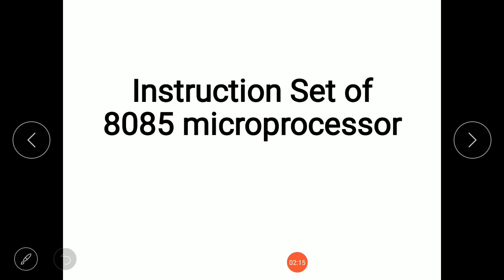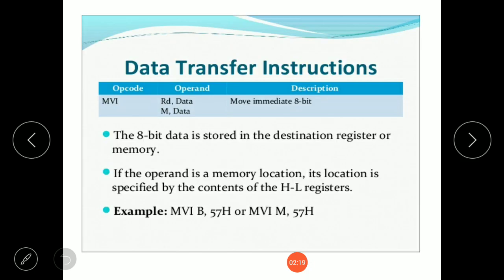Starting with the first, data transfer group, we'll study all the instructions that come under it, and in this way sequentially we'll proceed through all the groups, like arithmetic group, logical group, etc., all the groups of the 8085 microprocessor.